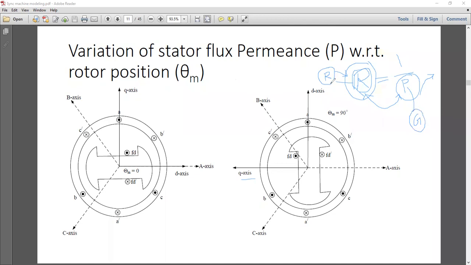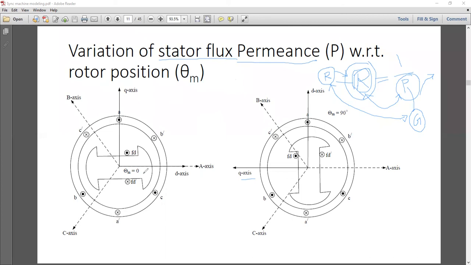Now let's come back to the stator flux permeance. That means how much the medium is allowing me to establish flux, or how easily I can establish flux through a path under consideration.